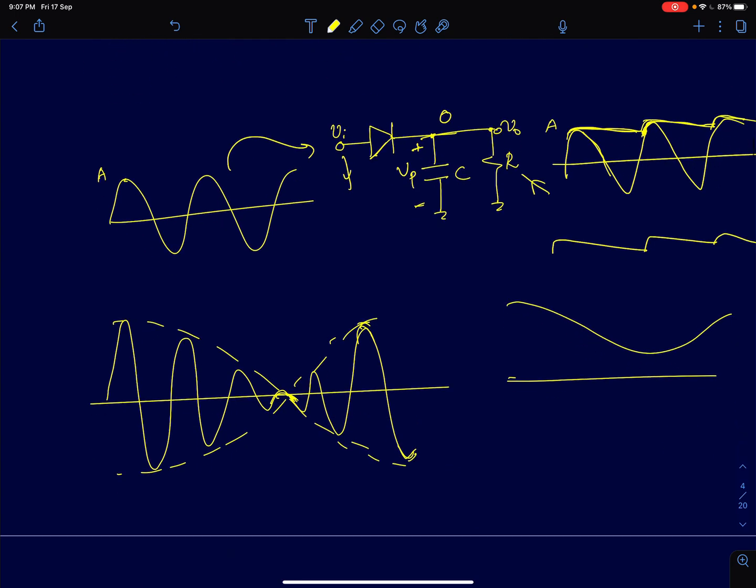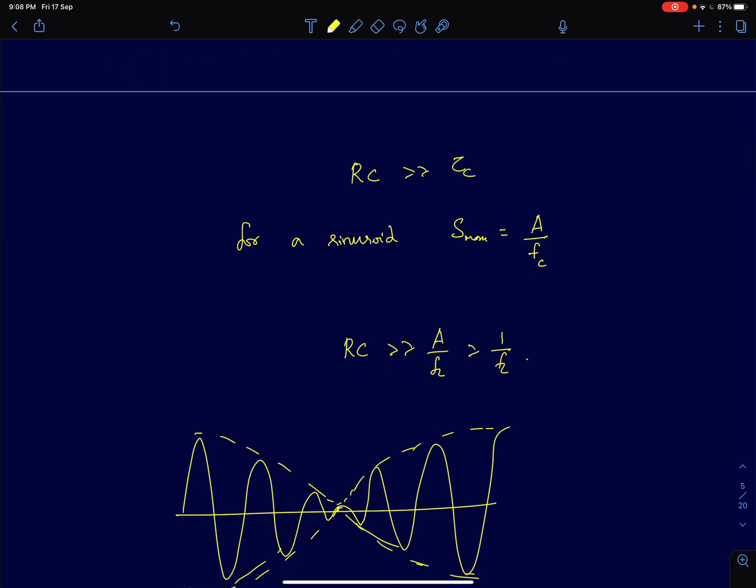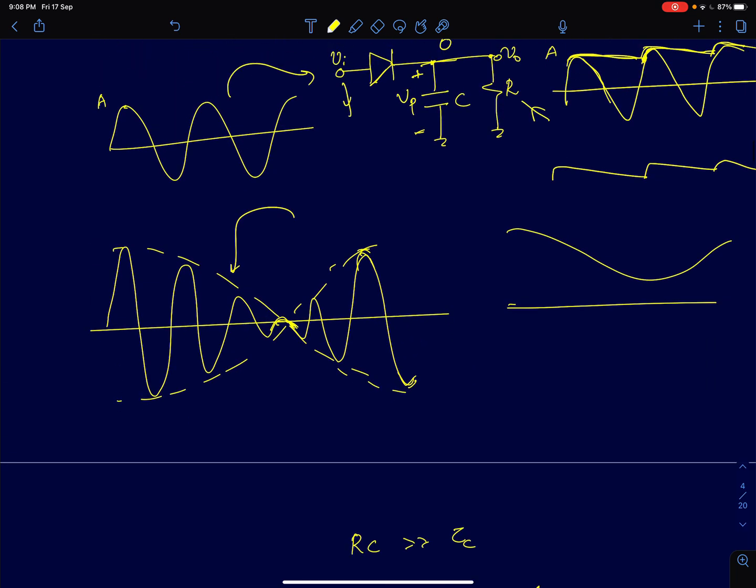So if I take this circuit and feed a conventional AM signal to this, then I want to detect only the peaks. So two things have to be ensured here. When you talk about an RC circuit, how fast it can discharge or charge is dependent on a parameter called time constant, which is simply given by the product of R into C. Now we need to detect the peaks.